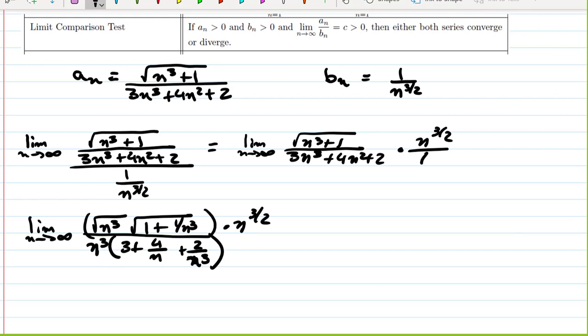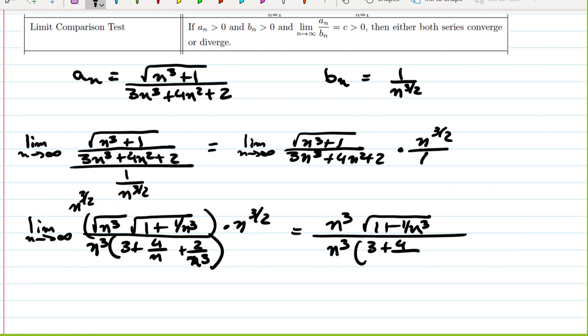So the square root of n cubed is really just n to the 3 halves. n to the 3 halves times n to the 3 halves is n cubed, times the square root of 1 plus 1 over n cubed, over n cubed times 3 plus 4 over n plus 2 over n cubed.